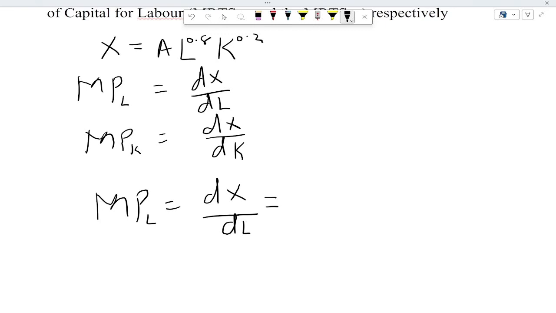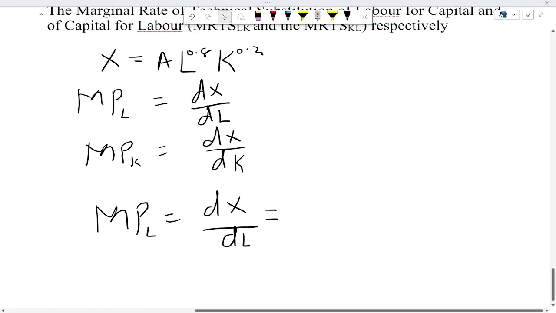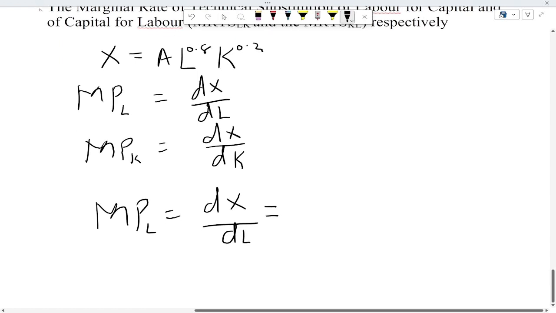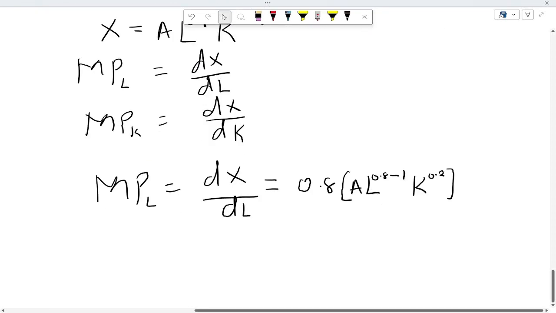So what you have is the power of L, 0.8, will come down, this time around to multiply AL raised to power 0.8, but of course minus 1, because when you differentiate, you reduce the power. So this is what you're left with.